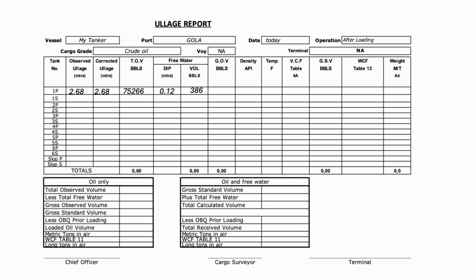Deduct free water volume from total observed volume and get gross observed volume. Enter density and average temperature for each tank.